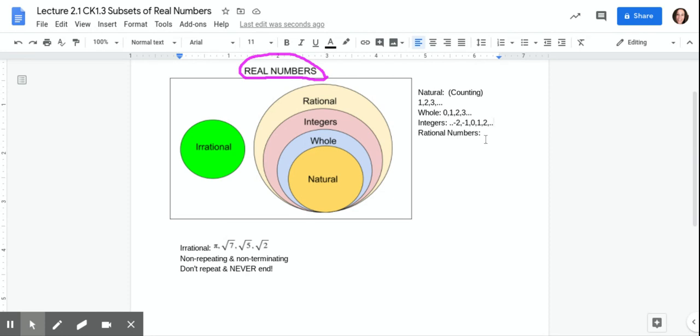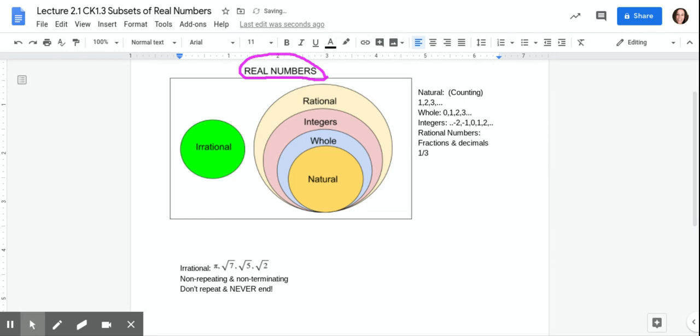Now, what we've been leaving off is everybody's favorite, these rational numbers. Rational numbers are fractions and decimals. These are things that are parts of numbers, everybody's favorite, right? And some examples of those would be 1/3. If you put that in your calculator, it does go on forever, but it repeats. It's 0.333333, and that's why it's not irrational.